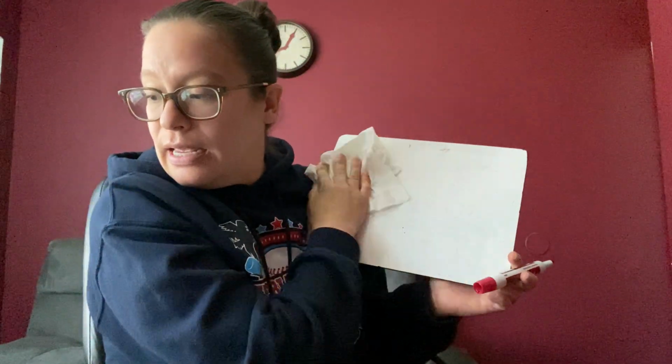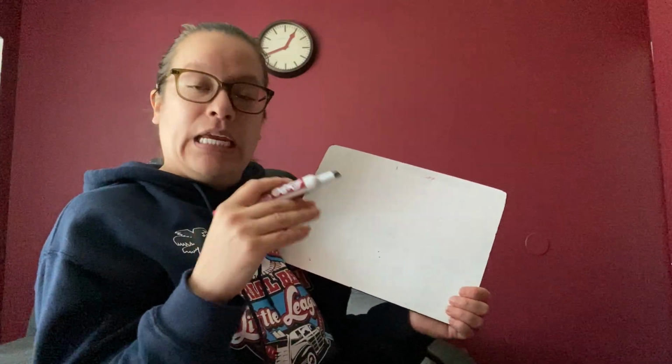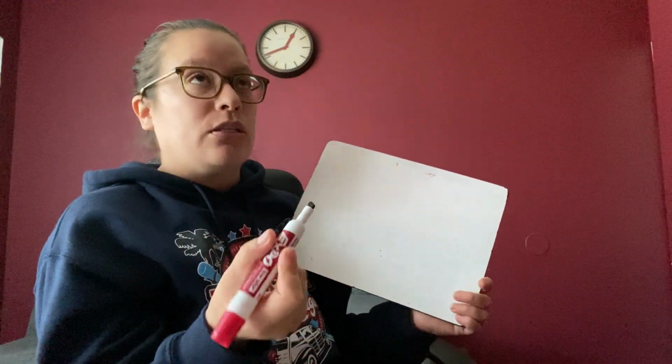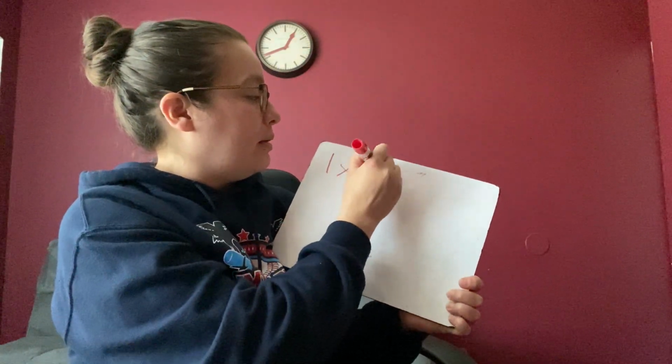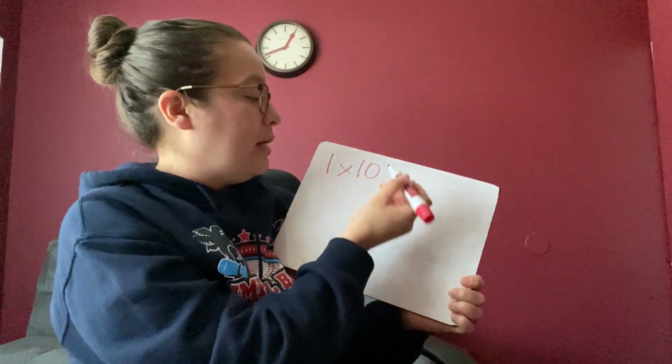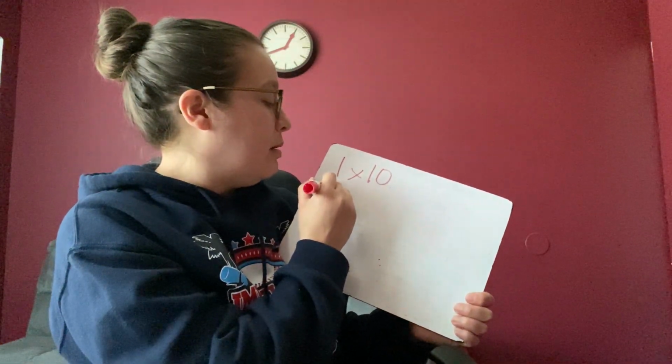Next, letter E. 10 is a multiple of which whole numbers? So we need to figure out what numbers, when you multiply them, equal 10. So let's start with 1. Well, we know that 1 times 10 equals 10. 2, can 2 be a multiple?